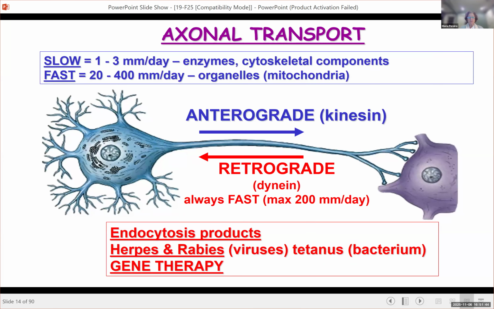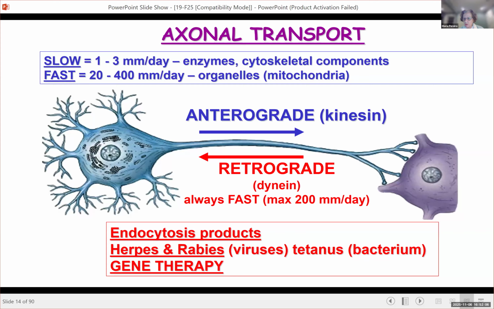Okay, now let's look at the axon per se, which is a very complex kind of environment, because you have a lot of movement from cell body to axon and back. So what provides for this movement?